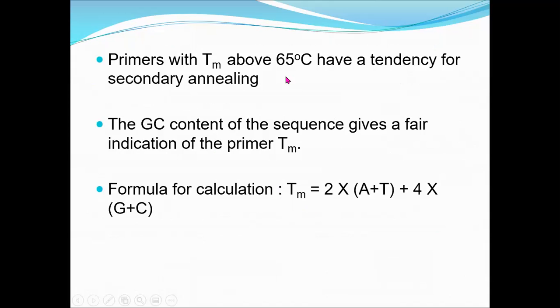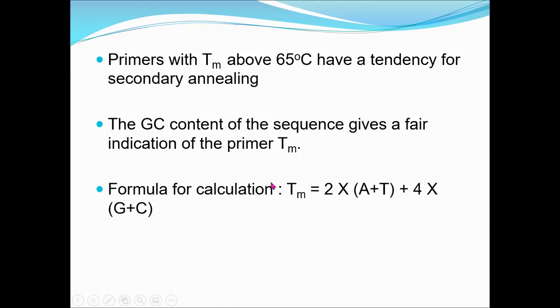Primers with a Tm above 65 degrees Celsius have a tendency for secondary annealing because of more GC content. So the GC content gives a fair indication of your Tm. It can generally be calculated by the formula Tm = 2 × (A + T) + 4 × (G + C): the number of A's and T's, and the number of G's and C's. So you will get to know the Tm of that particular primer.